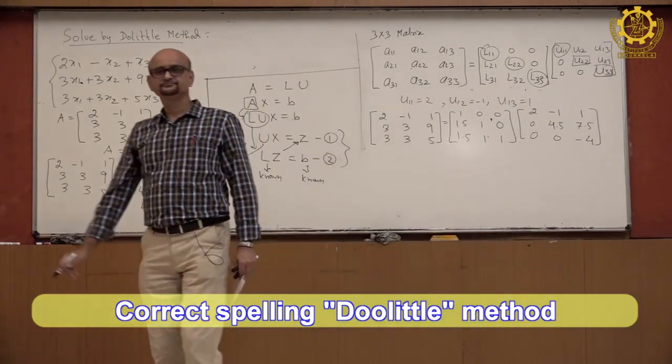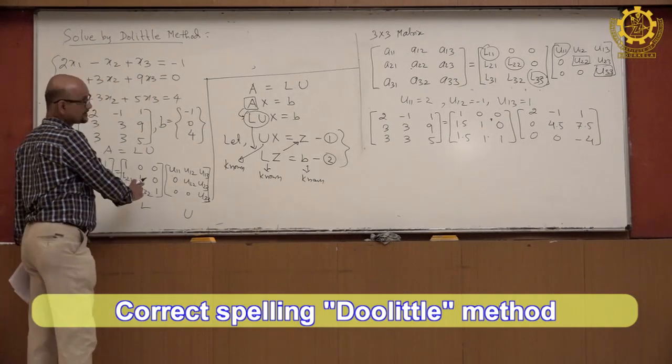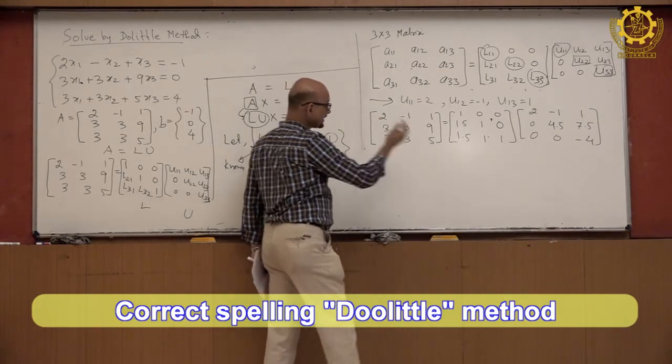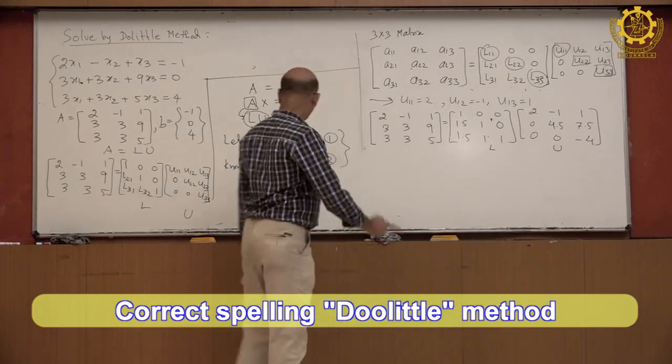Fine. So after solving this system element wise, we will get this as L and U, and you know what is B.